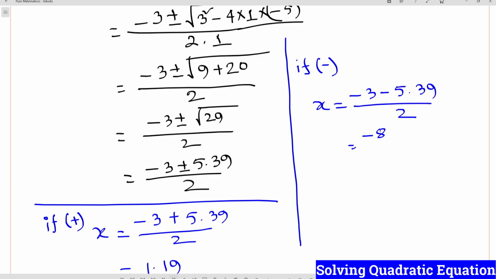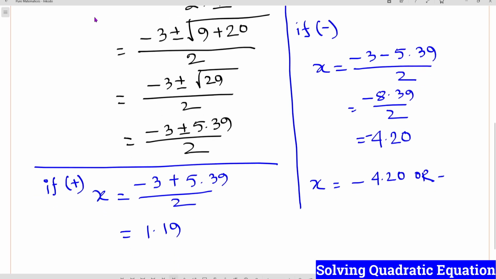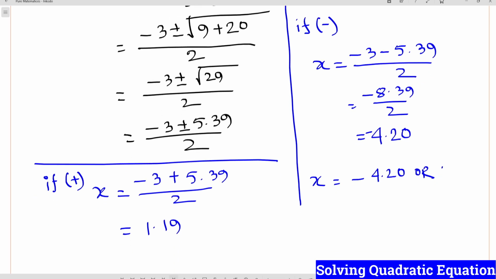So this will be minus 8.39 divided by 2. Using the calculator, minus 3 minus 5.39 equals minus 8.39, and now we divide. The result will be minus 4.19, or if you want you can write 4.20, and it should be minus. So the two values are x equals minus 4.20 or plus 1.19.